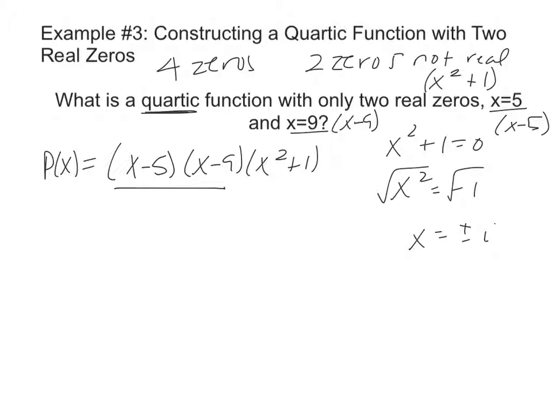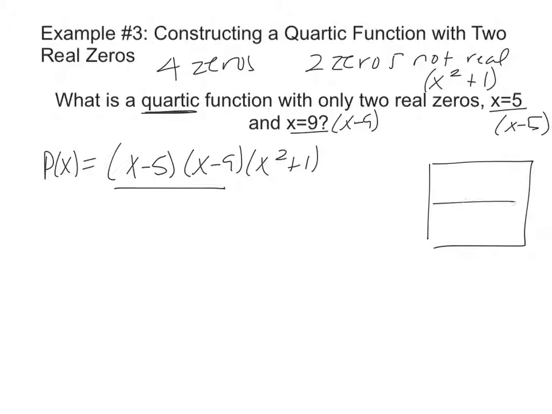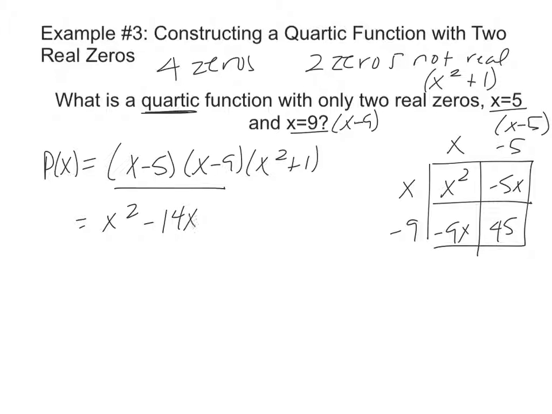So I'm going to erase this part over here and do my box. So x and negative 5, x and negative 9, that gives me x squared minus 9x minus 5x plus 45. That would then give me x squared minus 14x plus 45, and that needs to be multiplied by x squared plus 1.